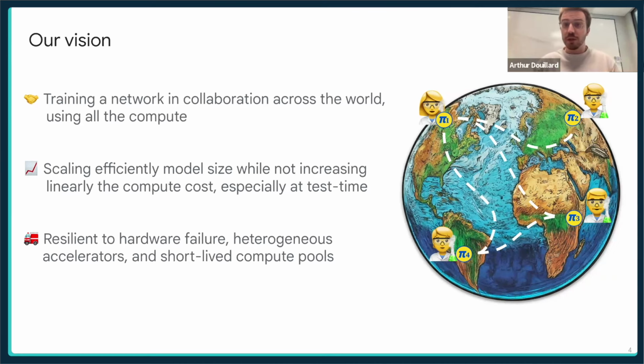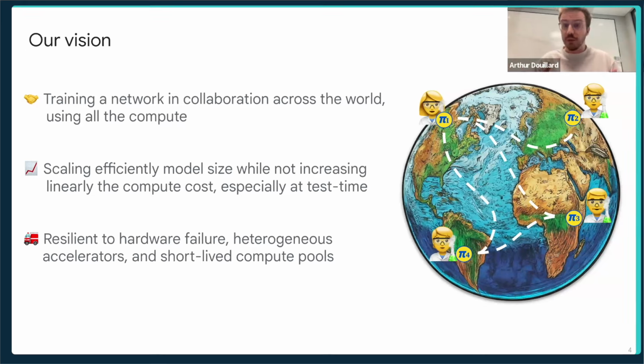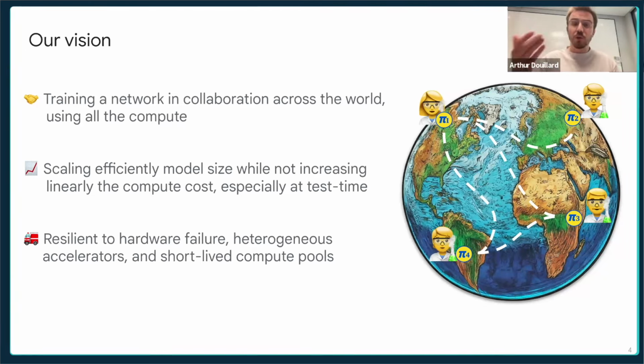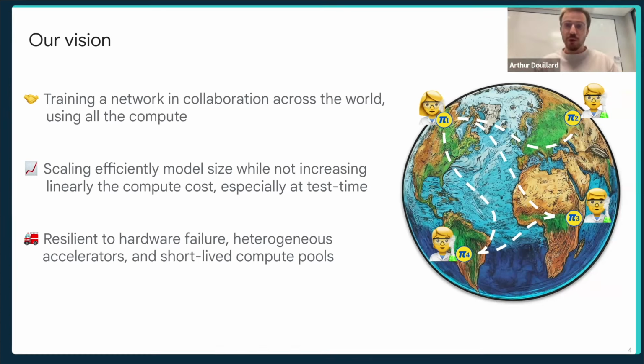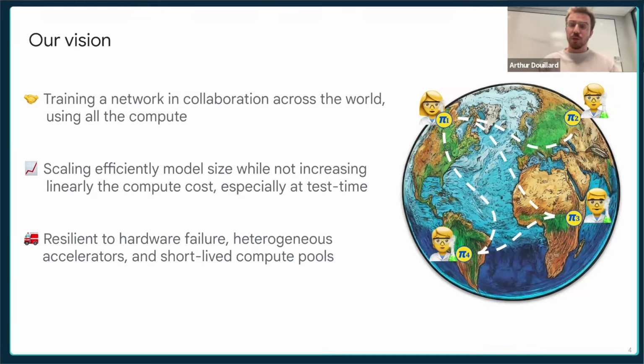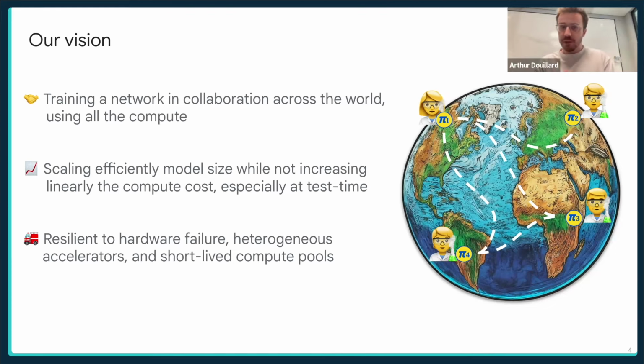That collaboration could be internal, even just Google data centers across the world with different researchers. So we could collaborate across all data centers of Google, but also more broadly. You could see that different universities have few GPUs, but they may want to collaborate with all other universities and pool together all their compute. That's our main vision.